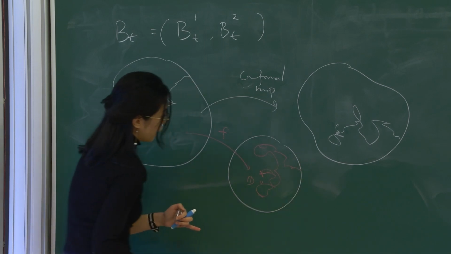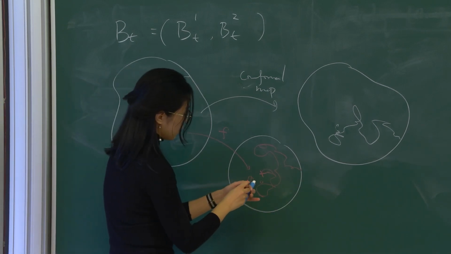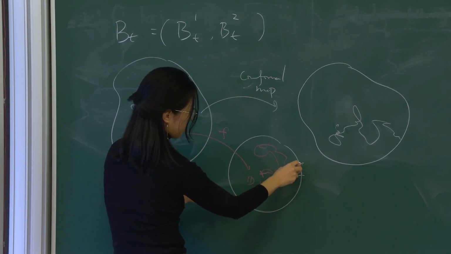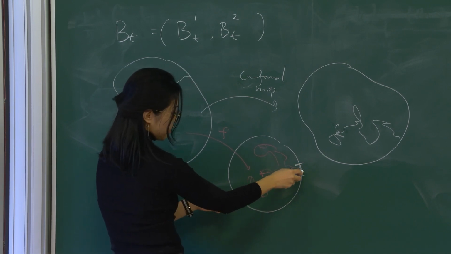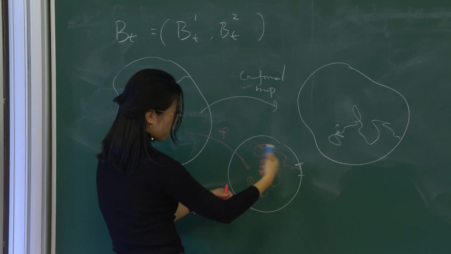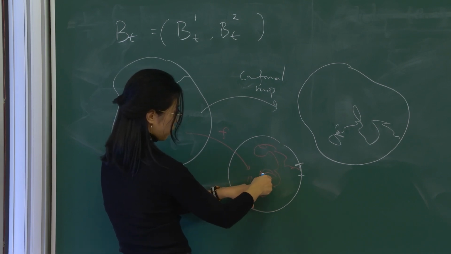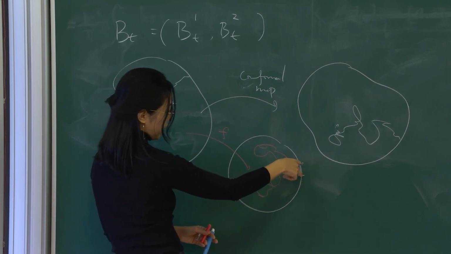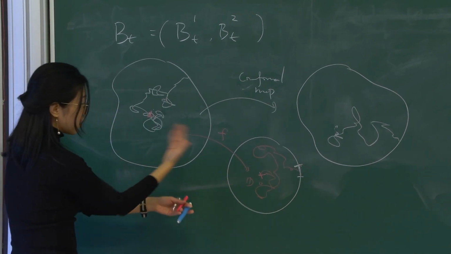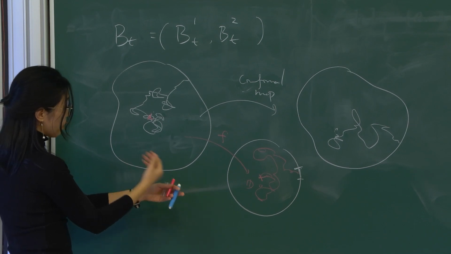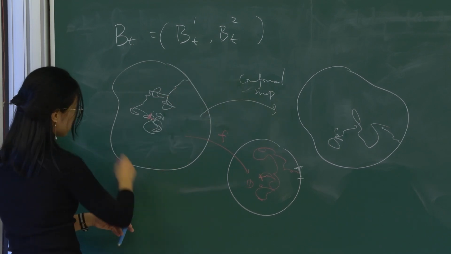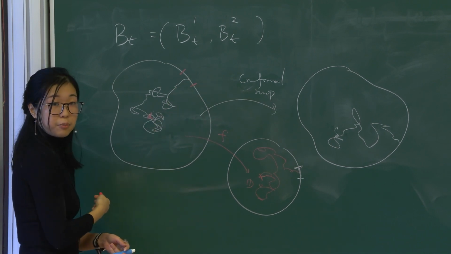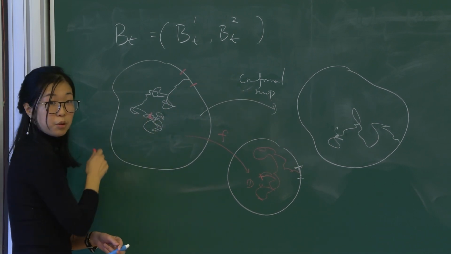All right, so in order to see what the harmonic measure is here, you just look at, say, what is the harmonic measure of this part? This will be the length of this part divided by the total length. Or you can think of the probability of my Brownian motion starting from 0 hitting the boundary at this part. And because of the conformal invariance of a Brownian motion, the harmonic measure on this curve would also be just the hitting probability of a Brownian motion starting from this point.